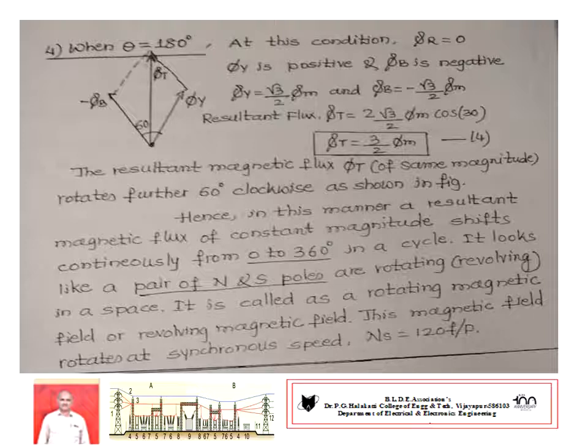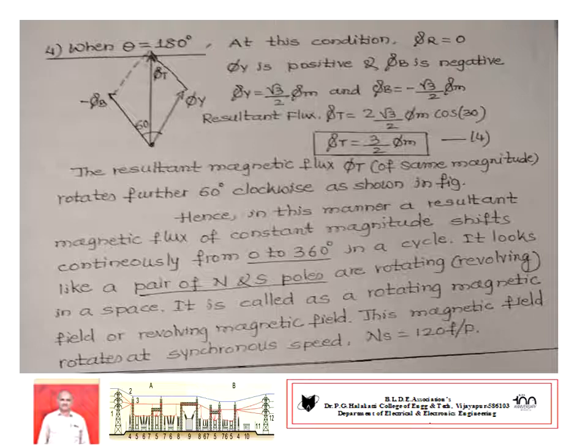From the above discussion, it is clear that when the three-phase stator windings are given a three-phase AC supply, three fluxes are produced from the three respective stator currents. One resultant flux phi t is produced, which continuously shifts its position with constant magnitude.